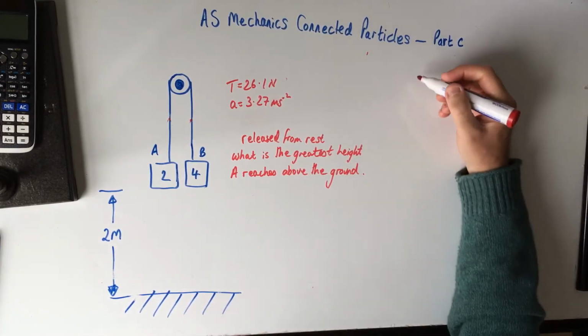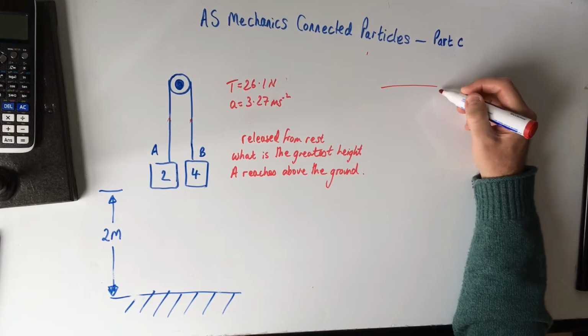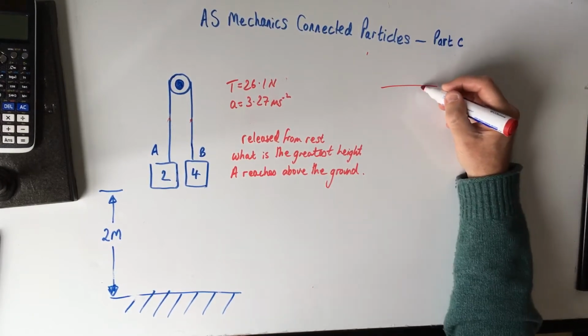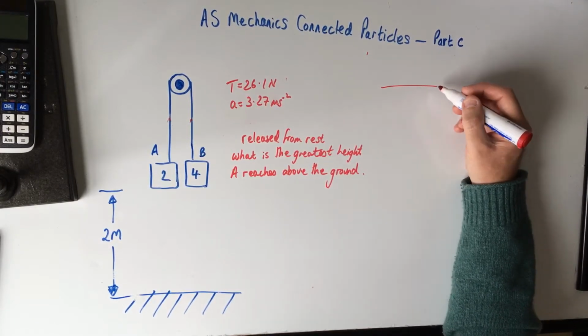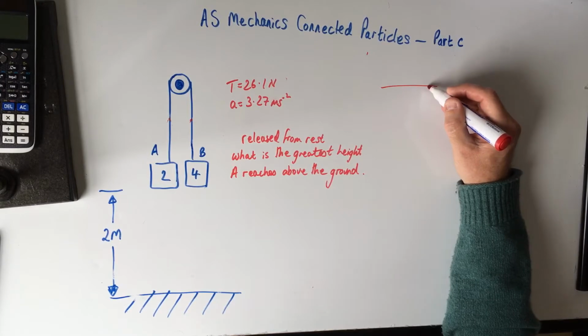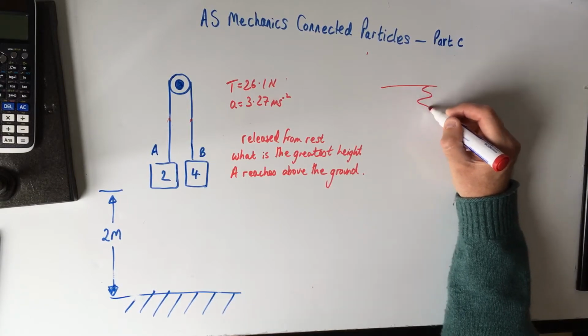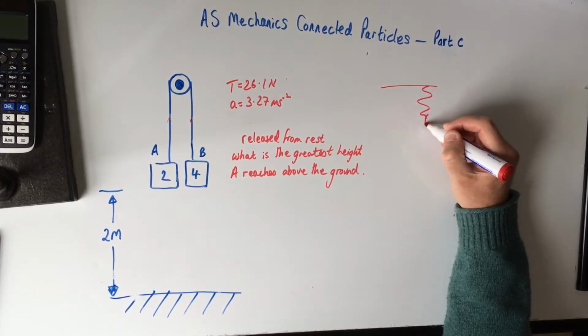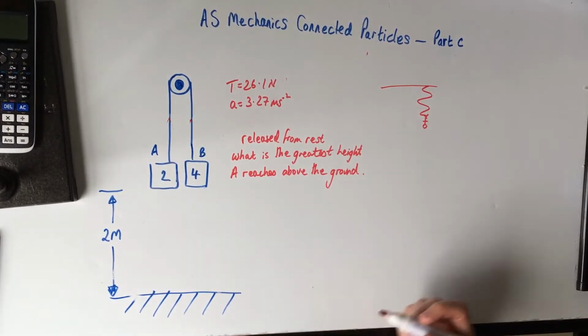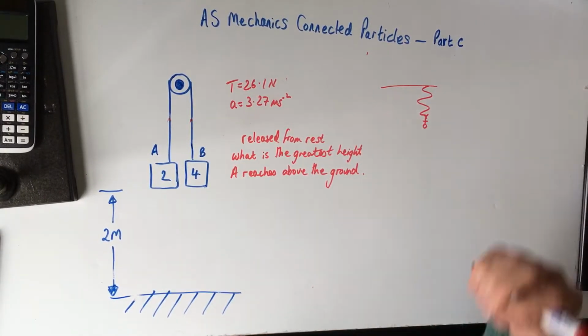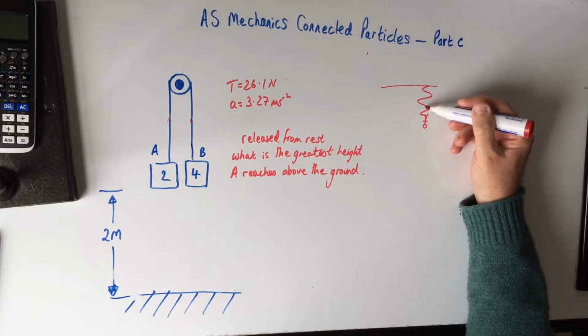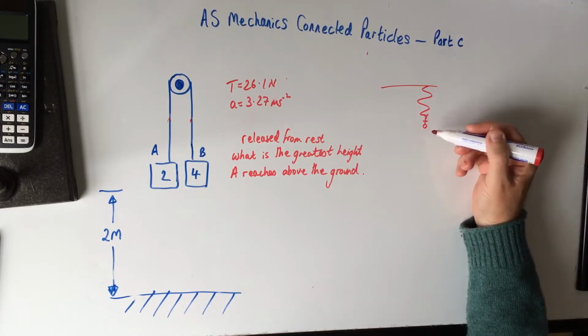I want you to think about somebody on a bridge doing a bungee jump. When they jump off the bridge with the bungee loose, they start to fall, don't they?